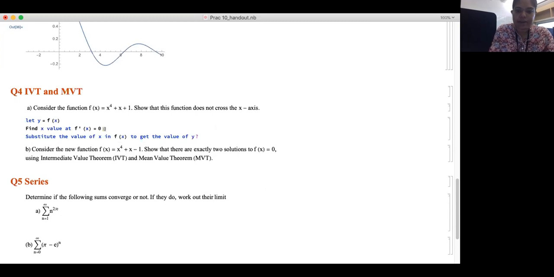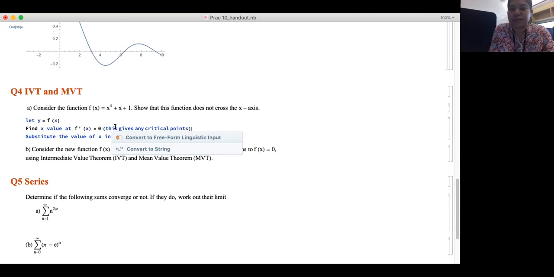Okay. If there is just one critical point, then show that, or any other critical point. Show that all critical points are global minimum and it does not cross the x-axis.